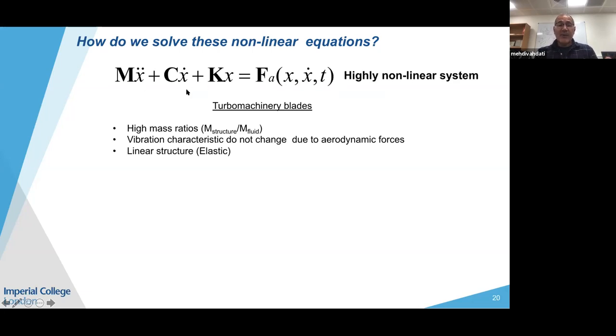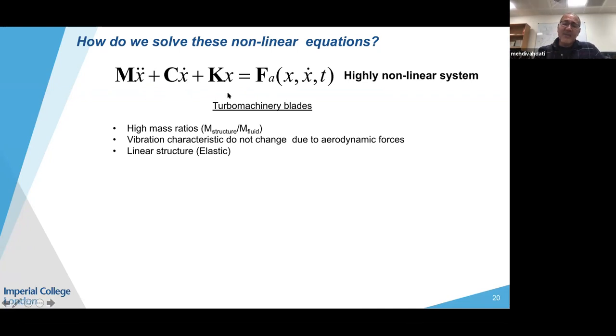So to do it fully coupled and solve them together, you need to couple a finite element code and a CFD code. Due to different time steps and other restrictions, this is not really feasible at the moment. So you have to either simplify the CFD calculation or simplify the FE part.